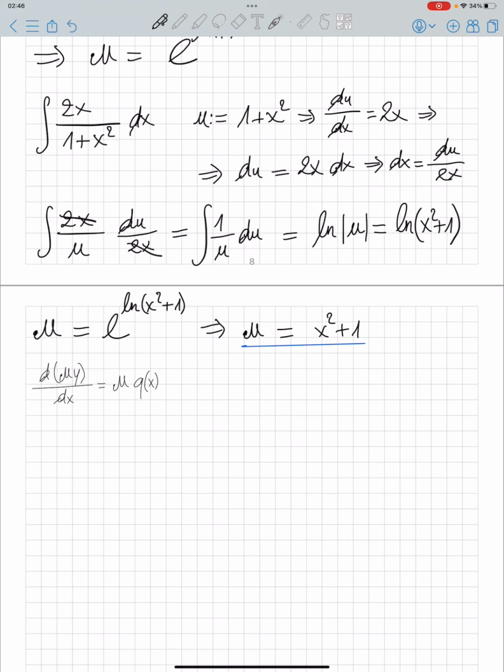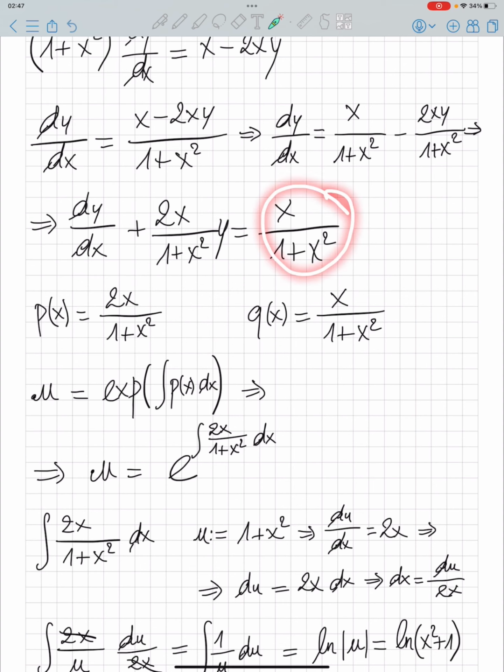Now we can use this formula. So d of mu y, which is d of (x squared plus 1) y with respect to x, is equal to mu, which is x squared plus 1, times our q of x, this one. So that's what we have written here.